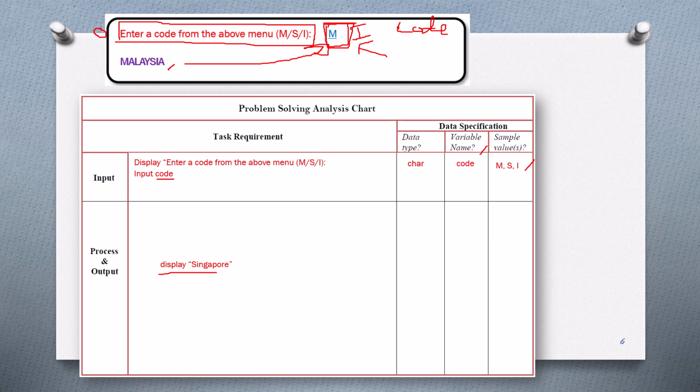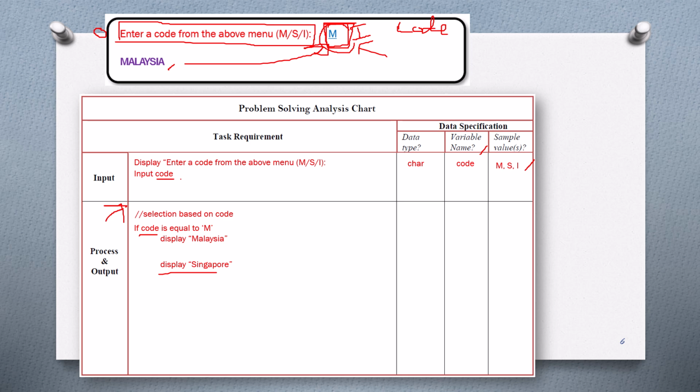Next one. You need to process based on the value given by the user here. So the process is, take a look at this one, selection control structure using the if statement. Now, if the code, the location here, has the value M, meaning M is given by the user, right?